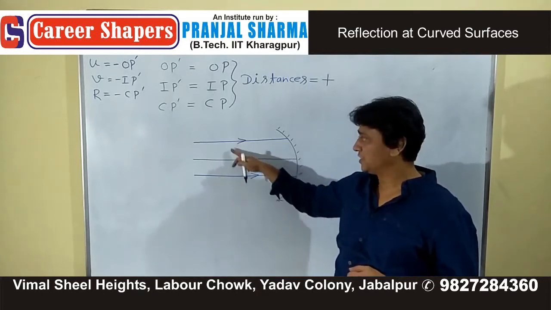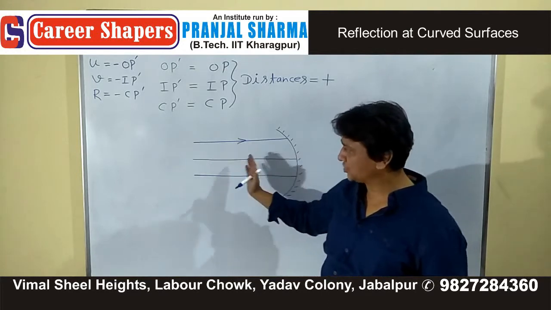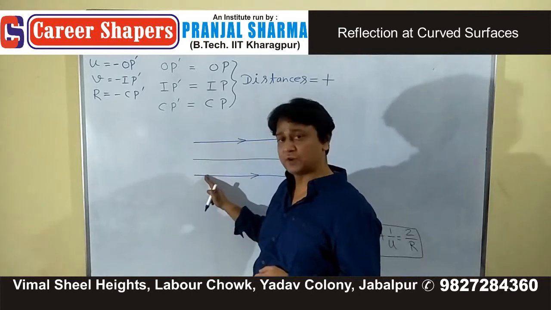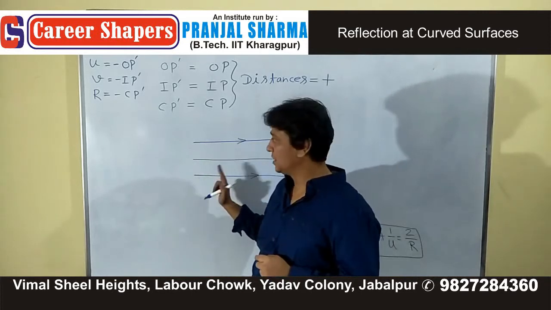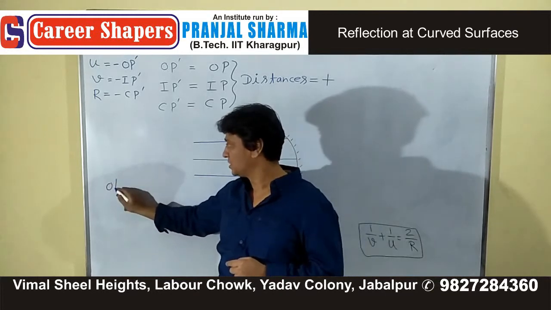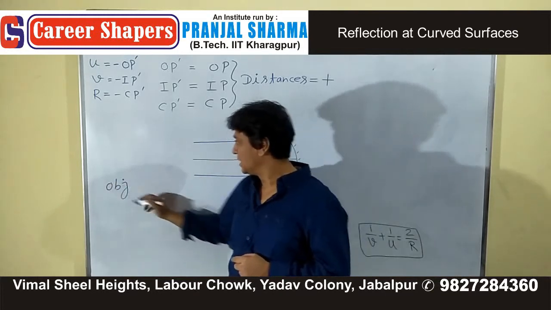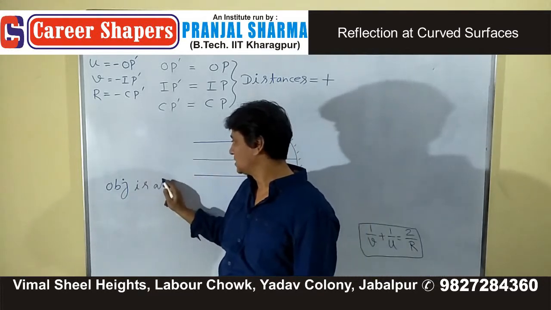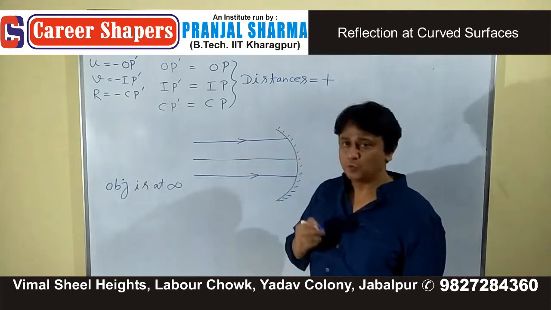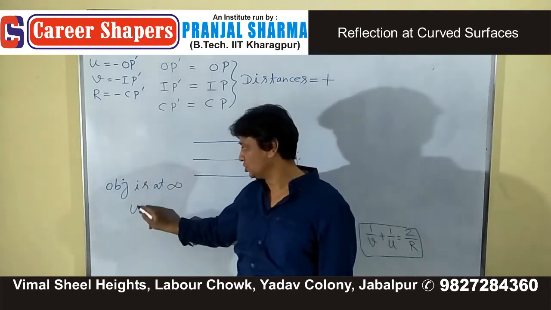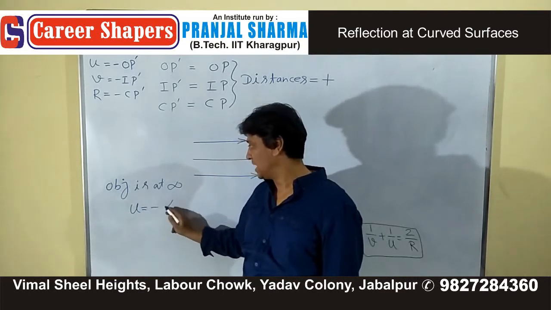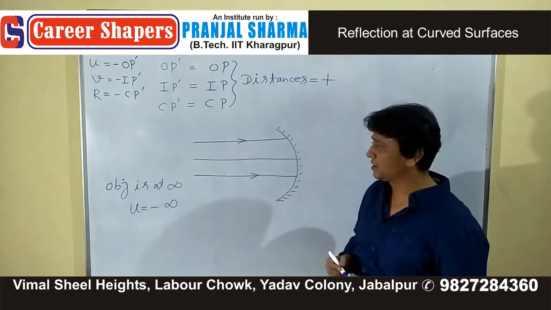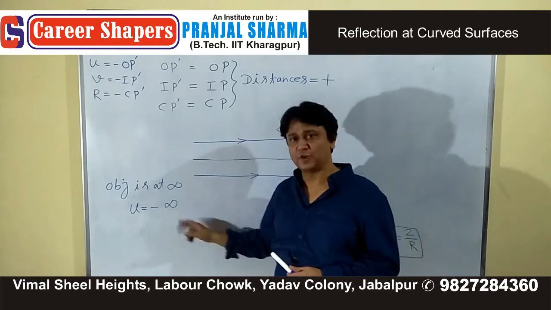Object. But these rays are parallel and therefore the intersection will take place at infinity. If intersection of these rays takes place at infinity, that means object in this situation is at infinity, which means what? Which means u is minus of infinity. Distance wise infinite with sign minus of infinity.